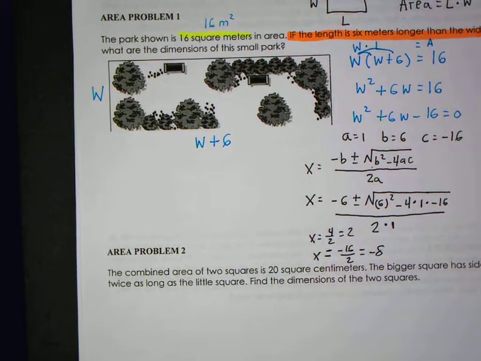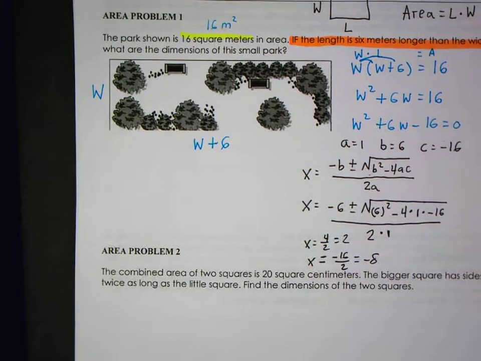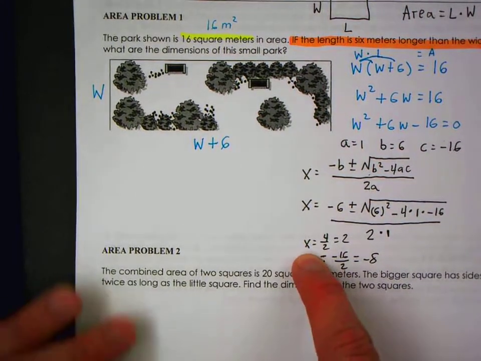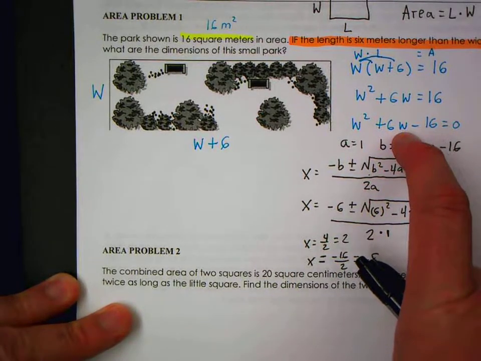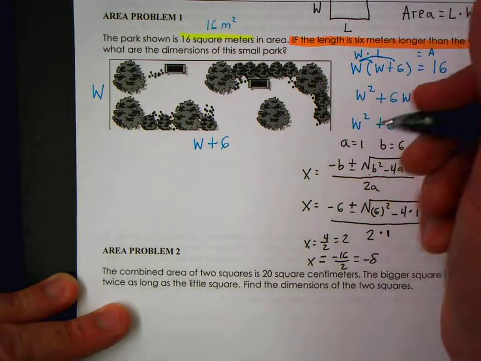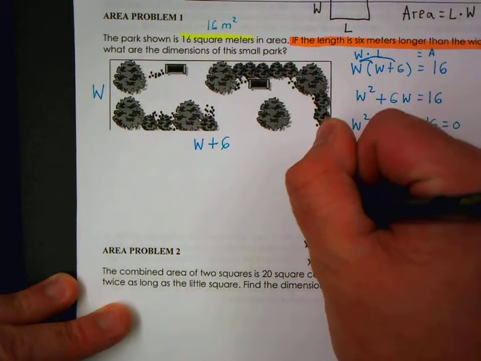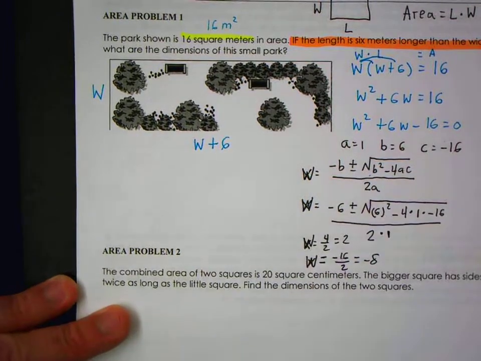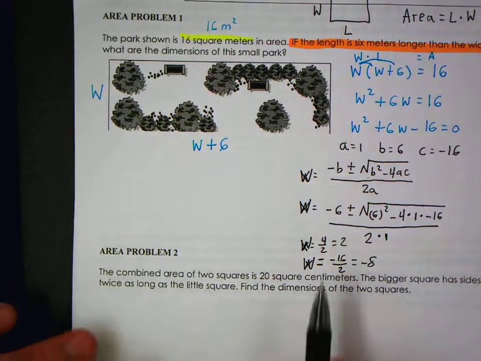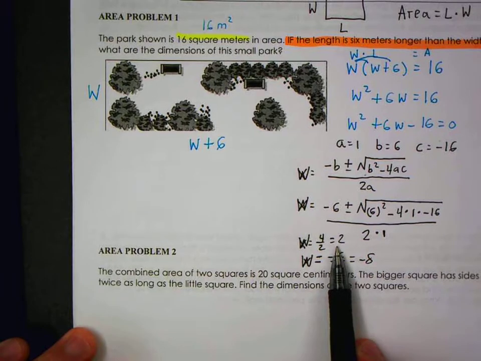Now, if you think about it, this is saying either x, which would be our w. I should have probably used w, I'm just so used to using x. So for w, does it make more sense for the width to be 2 or negative 8?